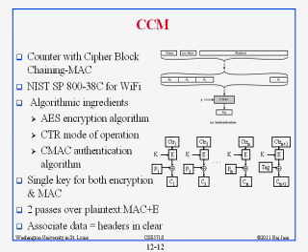CCM is counter with cipher block chaining, and this is used in Wi-Fi. And the way it works is that you take a counter, this is your counter, so this is counter mode like we used before.